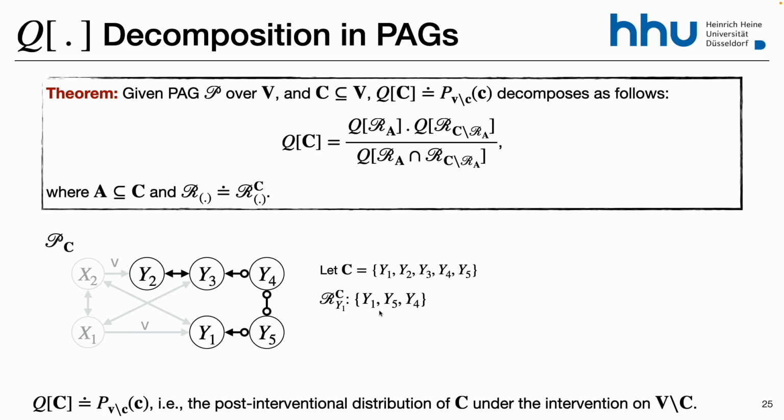And the other region is the region of C minus the variables in the region of A. So I get every variable that's in C but not in the region of y1. So it's going to be y2 and y3. So I want the region of y2 and y3 in C.